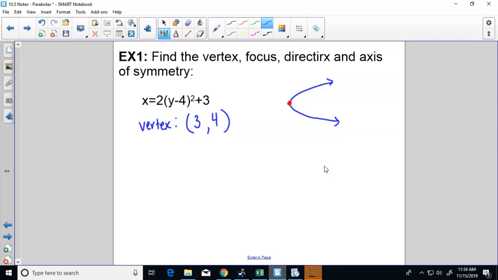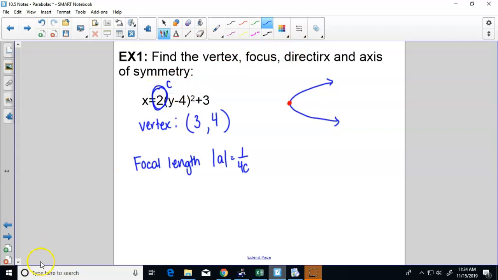Alright, the way we find the focus and the directrix is that we have to know that p-value, or on your formula sheet it says focal length, and it says absolute value of A equals 1 over 4c. If you're using that, it's 1 over 4 times this number right here.